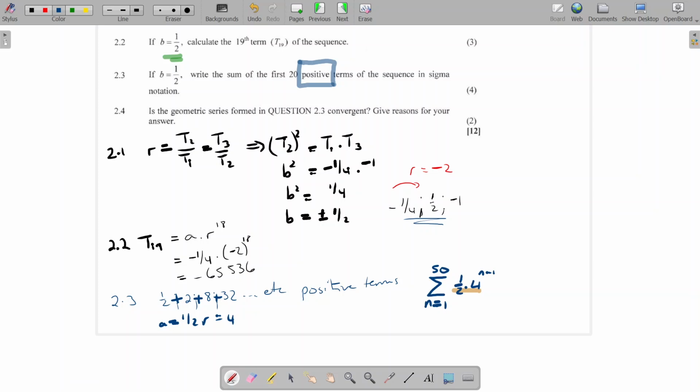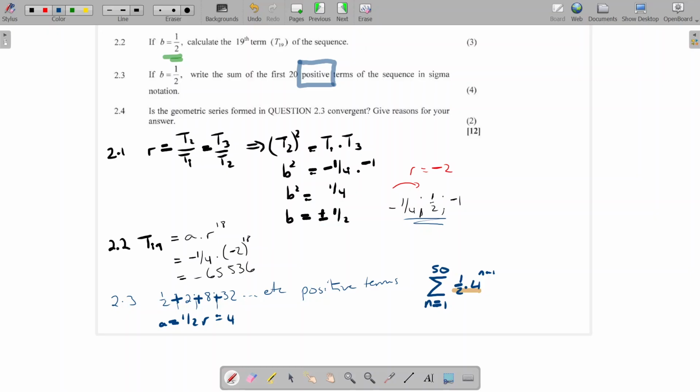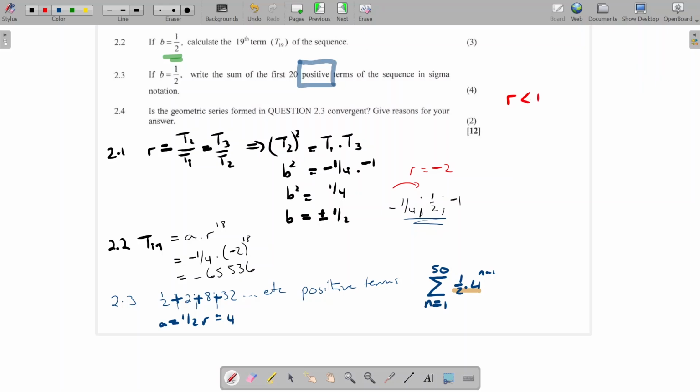Now the final question is an interesting one. Is this series convergent or not? That is simply a piece of knowledge. If r was between 1 and minus 1, this would be convergent. However, what we have here is an r value of 4.